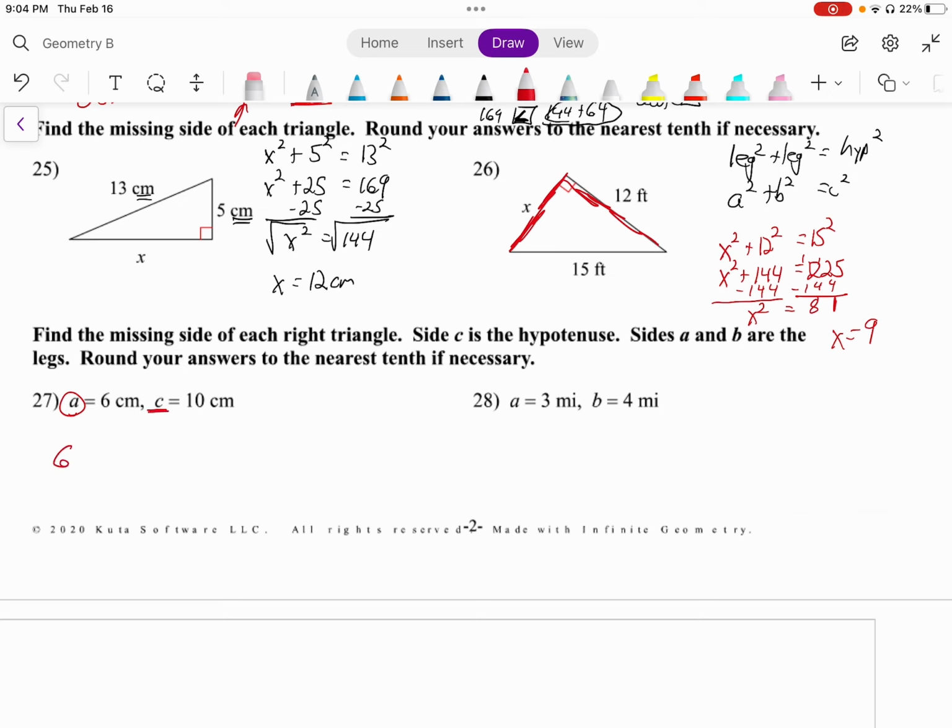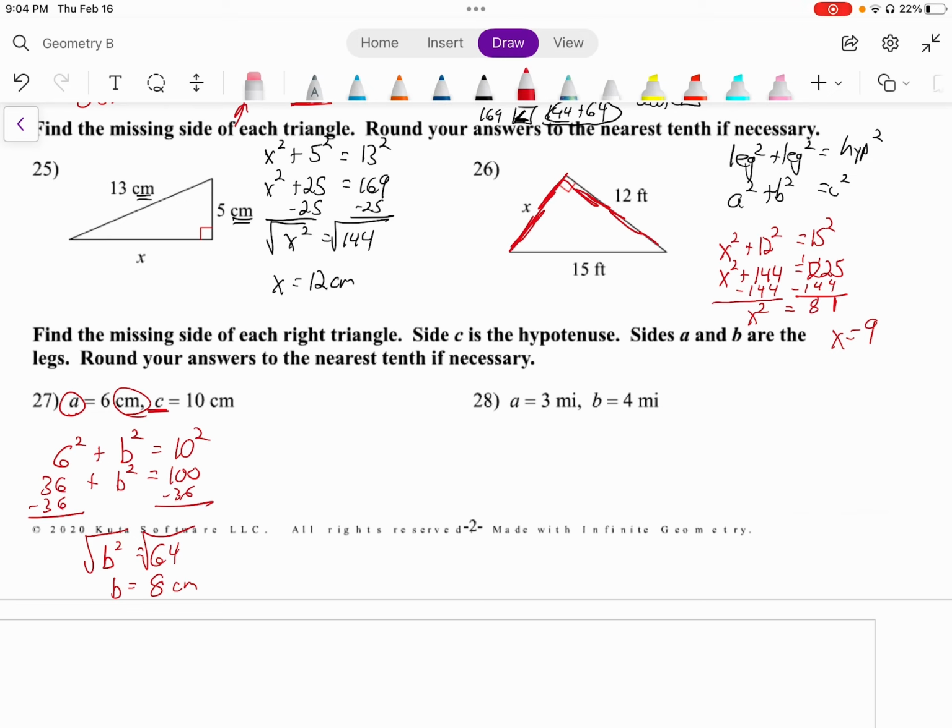So we have 6 squared plus b squared, the missing leg, equals 10 squared. 36 plus b squared equals 100. We subtract 36 from both sides, and we take the square root of both sides. So b is simply equal to 8. Looking at our units, it is centimeters.